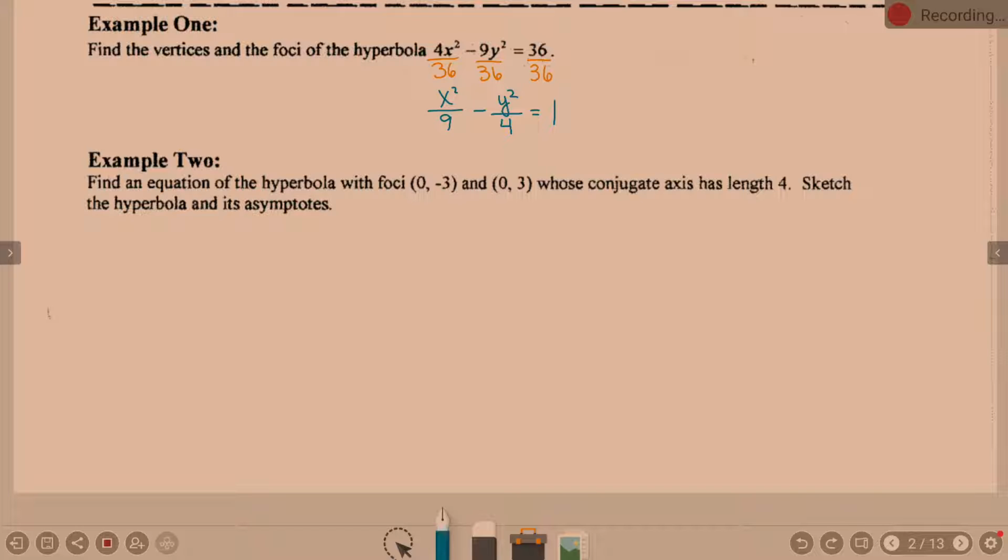First of all, if you want to write it to match one of the equations, instead of saying x squared over 9, we could say x squared over 3 squared and y squared over 2 squared. So do remember those denominators are a squared and b squared.